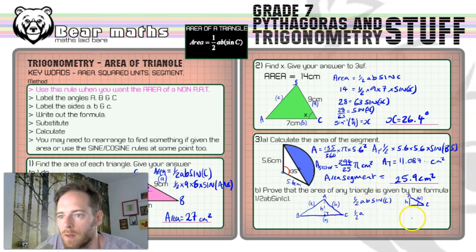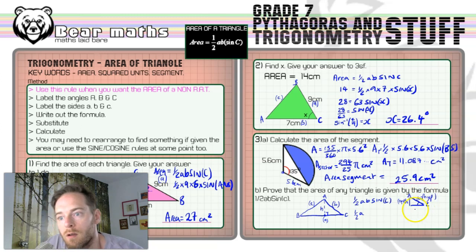It depends on the triangle. Anyway, what you do with right-angled triangle trigonometry is you label the sides as you normally would. So this is the angle that we've got, this is C. So we've got the opposite, and we've got B, the hypotenuse.